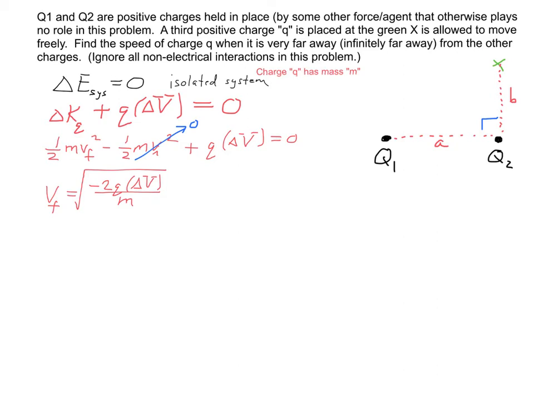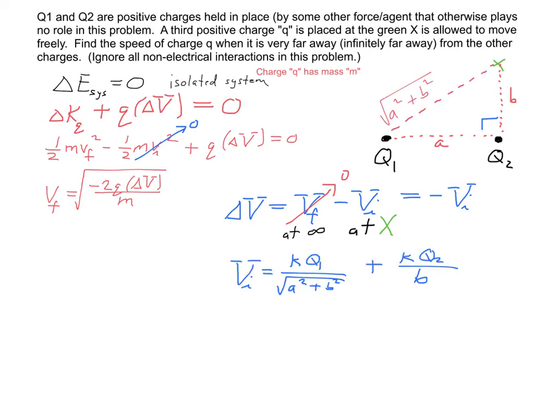Now, in order to get any further, we need to know the change in potential that this charge little q moves through as it goes from the green X to infinitely far away. But the potential at infinity is 0, so the change in potential is just the negative of the initial potential. The initial potential, which is just the electric potential at this green X, is the potential at green X due to charge 1 plus the potential at the green X due to charge 2.